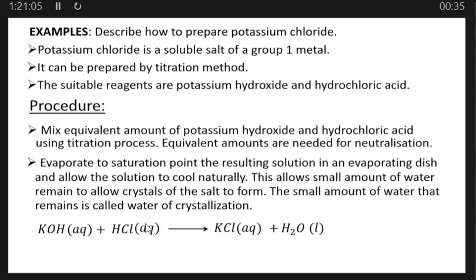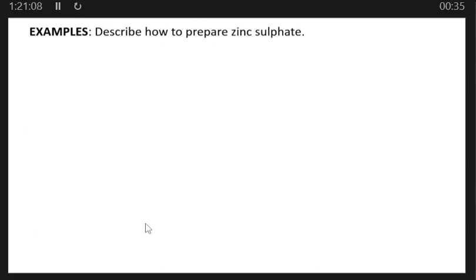All right, so let's go to another example here, which is saying describe how to prepare zinc sulfate. Again, when you look at zinc sulfate, is it a soluble salt or an insoluble salt? That one you should know.